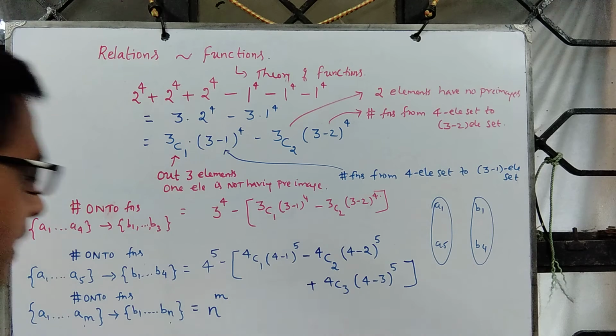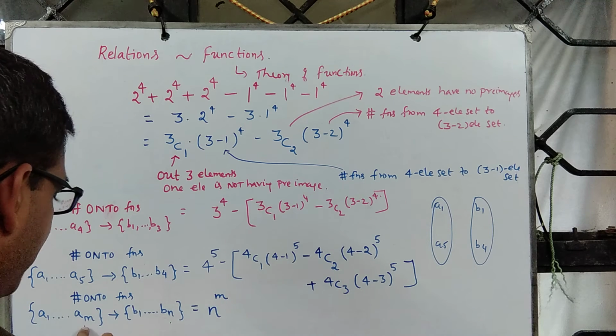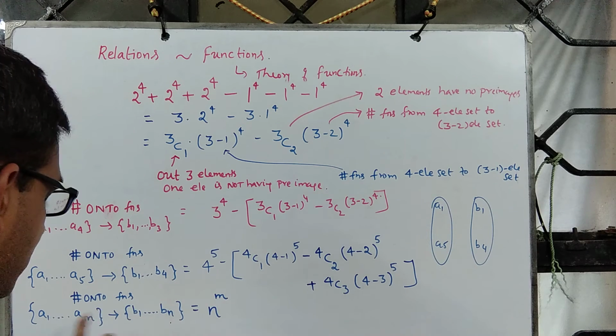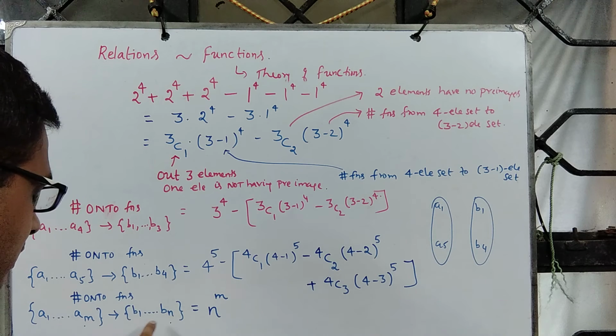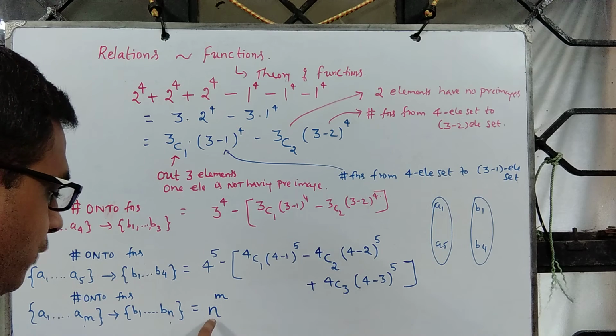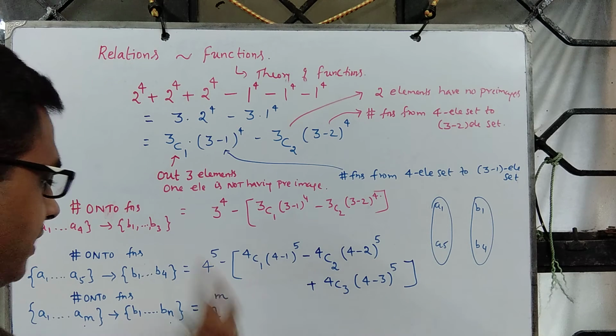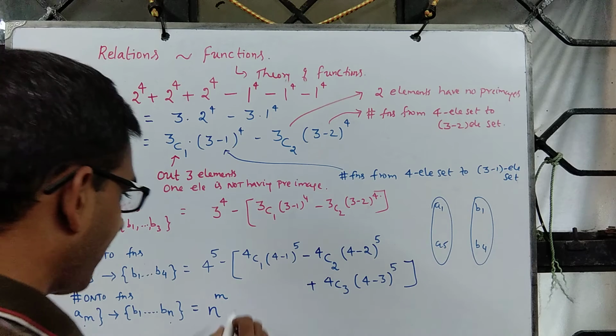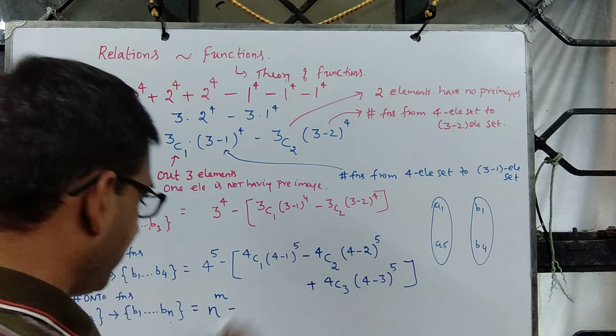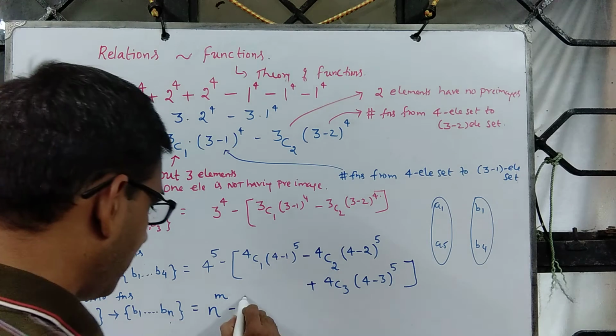And please note, some textbooks may use n and m and some may use m and n, but you look at what represents the cardinality of the codomain. Cardinality of codomain is n to the power this. And this many functions are there.